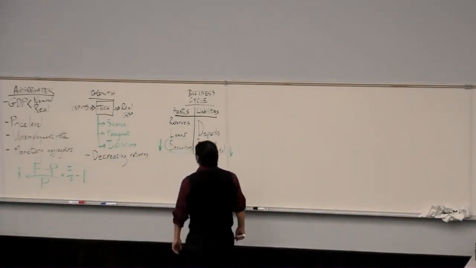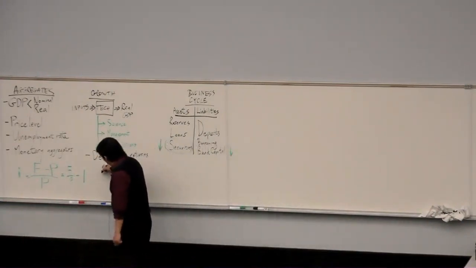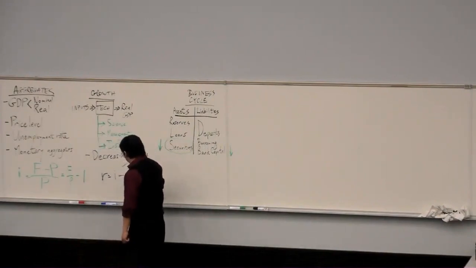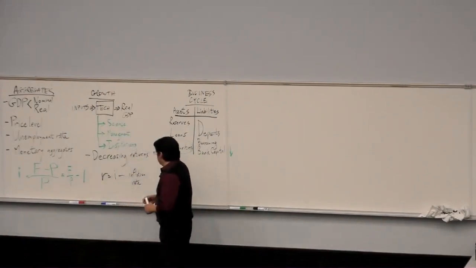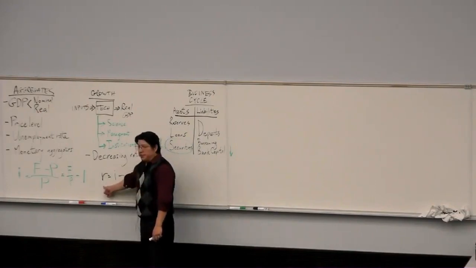So, well, I guess the short answer is the real interest rate is equal to the nominal interest rate minus the inflation rate. And so, if you and I have a pre-existing fixed contract, then higher inflation means that I end up paying you lower real interest. That's one relationship.